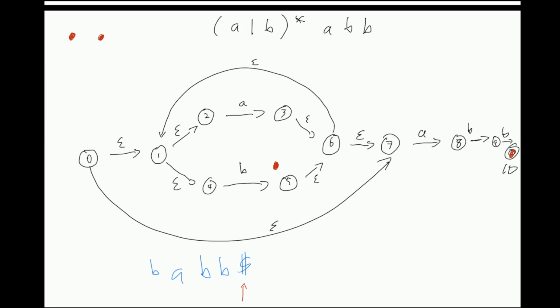If we didn't know whether input is over, we'd have to continue reading until the end of the input, so we could just assume there's a special symbol for the end. We need a way to know whether the input's over. That's really all we need to finish this out. If the input's over and we're in an accept state, we've successfully matched. If there's more input, that's going to be a problem because we're not really matching this. It depends on what your boundaries are for your string. That's all it really comes down to.